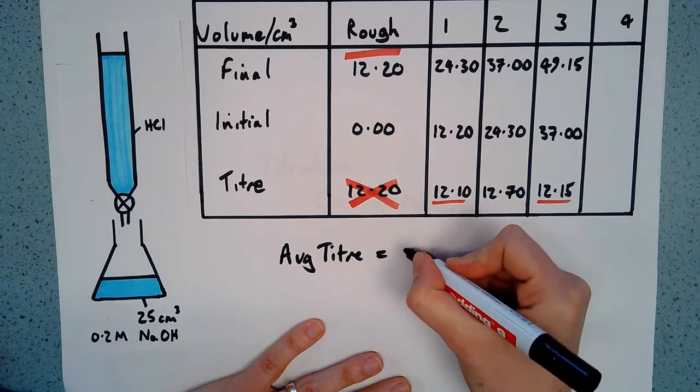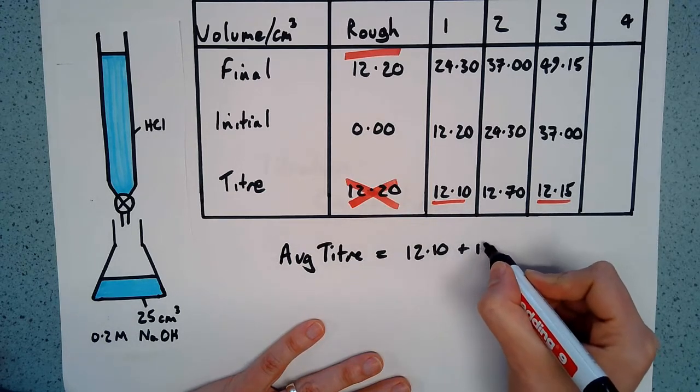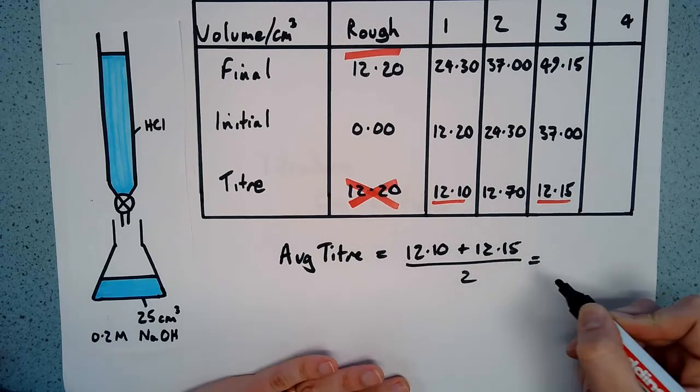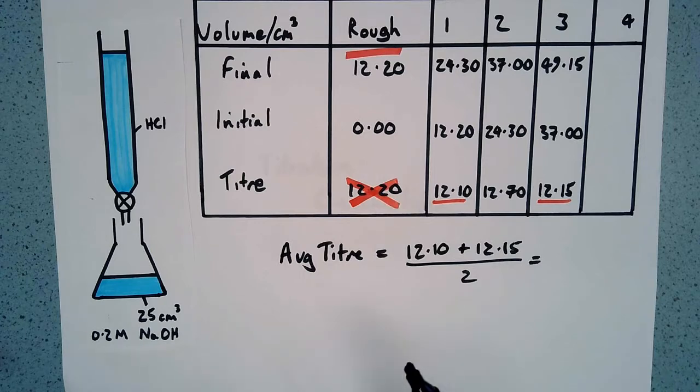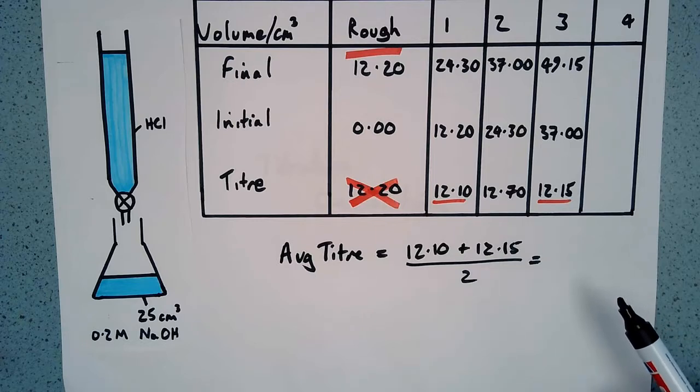and that would be in this case 12.10 plus 12.15 over 2. And at this point, on mark schemes in the most recent papers, it hasn't asked for significant figures or decimal places, but the mark scheme has usually given the answer as 2 decimal places.